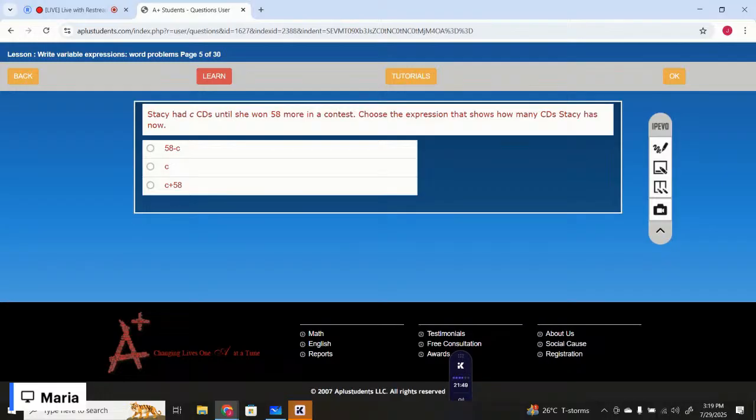C plus 58, option number 3 is the correct option. That is C plus 58.